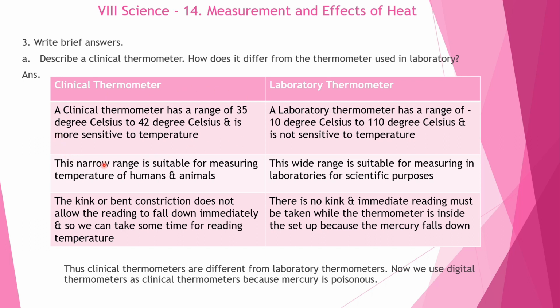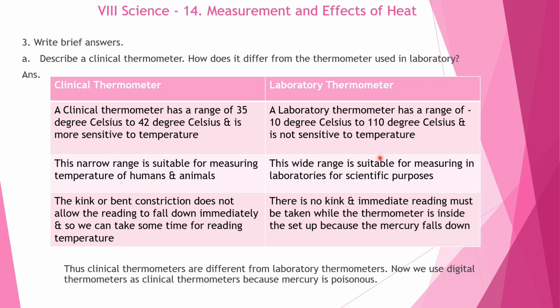Clinical thermometer is generally more sensitive, children. A laboratory thermometer has a range of minus 10 degrees Celsius to 110 degrees Celsius and is not sensitive to temperature. It is not sensitive, children.